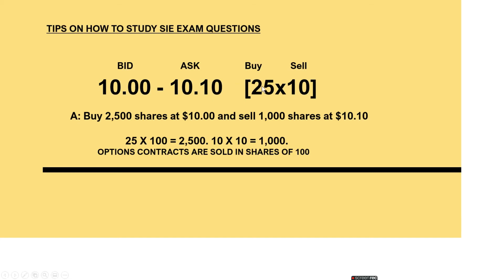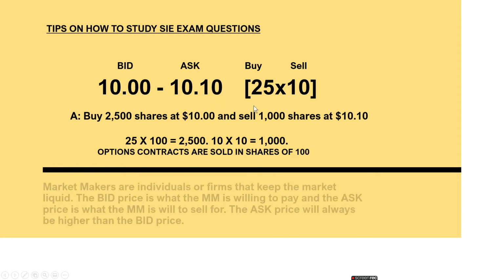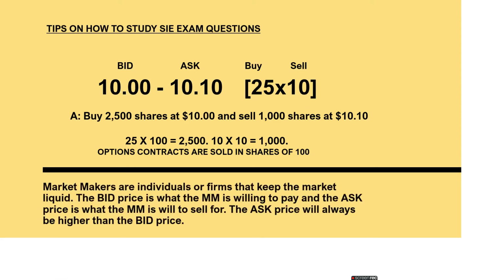So again, they're looking to buy 2,500 shares at $10 per share and sell 1,000 shares at $10.10 per share. Market makers are individuals or firms that keep the market liquid. The bid price is what the market maker is willing to pay, right? And the ask price is what the market maker is willing to sell for.